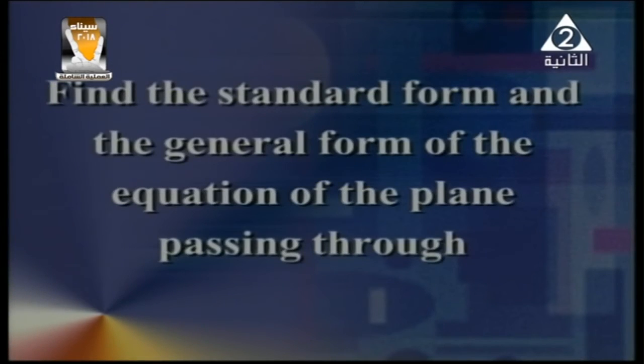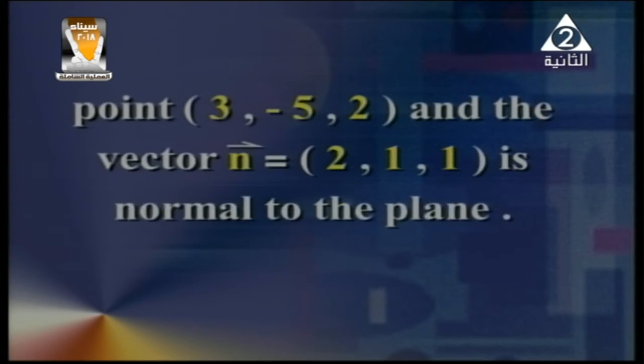Find the standard form and general form of the equation of the plane passing through the point 3, negative 5, 2, where the vector n 2, 1, 1 is normal to the plane. Remember, dear student, what is required? The standard form of the equation and the general equation of the plane. What is given?